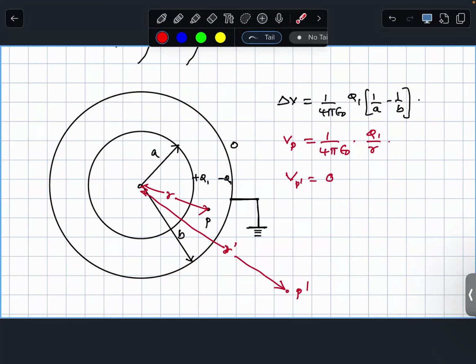I am not speaking about VP, no issues. VP, apply Shell theorem. When you are taking only P, your Gaussian surface is this, so that part is enclosing charge Q1 only.